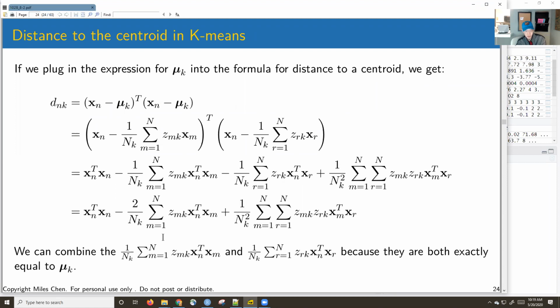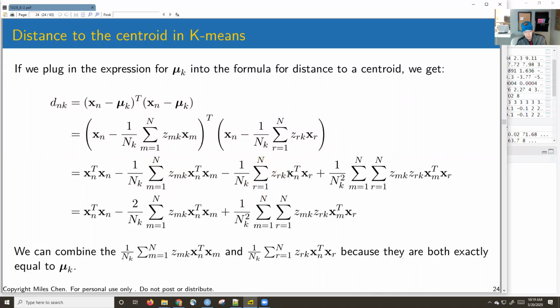If we just focus on the xm times 1 over n sub k sum from zmk to xm, this part is equal to mu sub k, and then this part times this is also mu sub k.